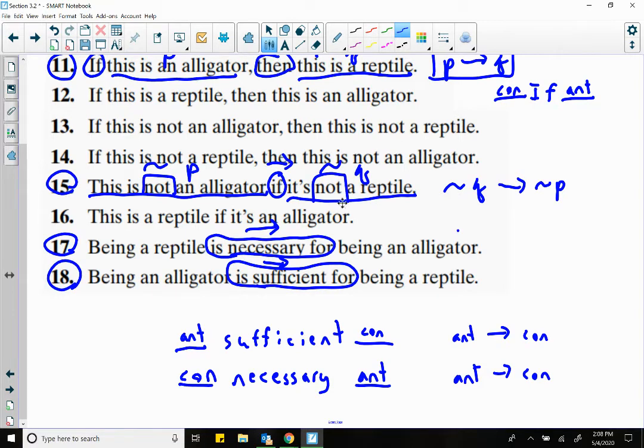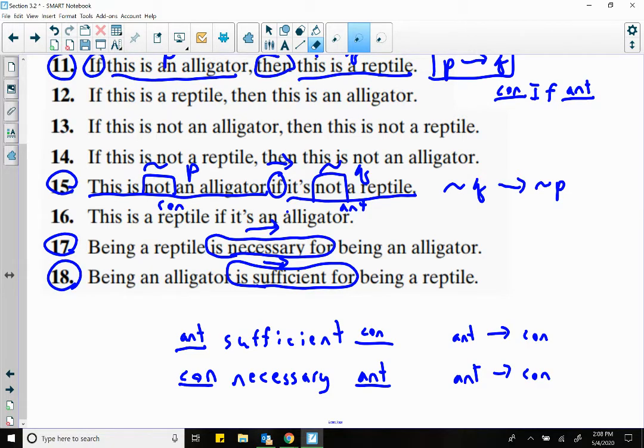We had to put the antecedent first, then the consequent. Conditionals are very specific like that. Conditionals are the ones that you have to watch out for. You have to watch their order. It's super important that you know who the antecedent is and who the consequent is. Okay? So, with dealing with 17 and 18, go ahead and write the symbols for these now that I've given you a little bit of information about them. Go ahead, try it, and go.